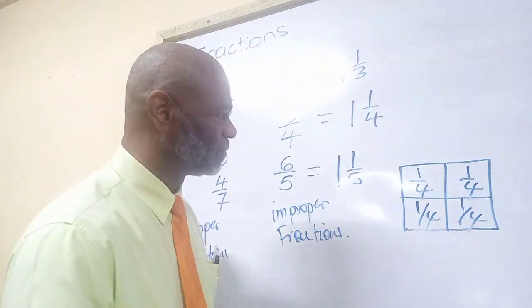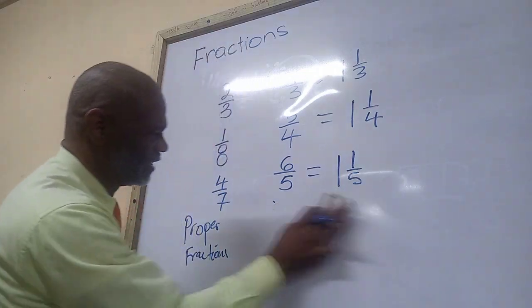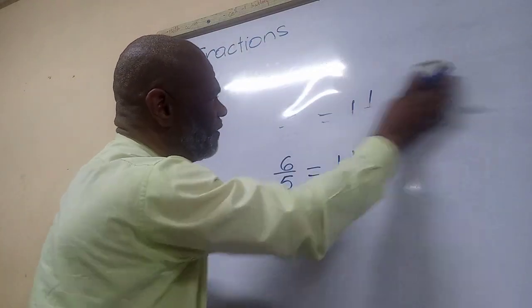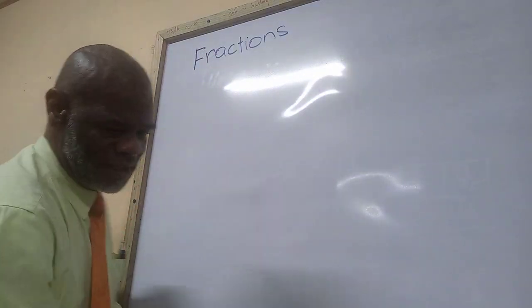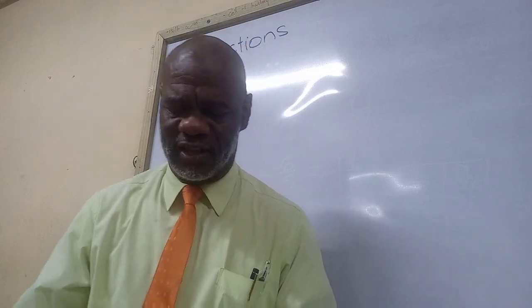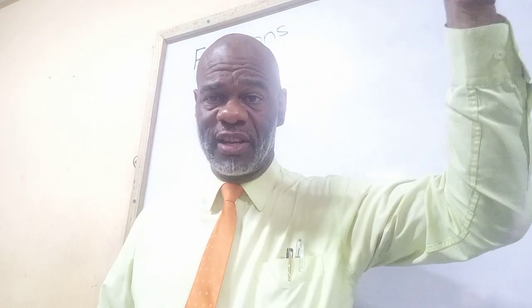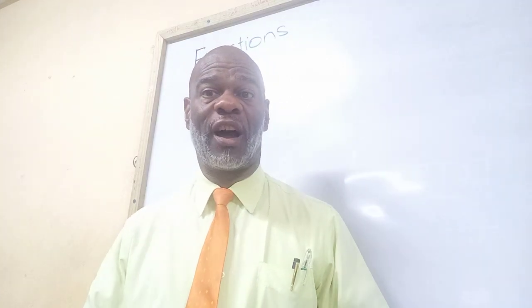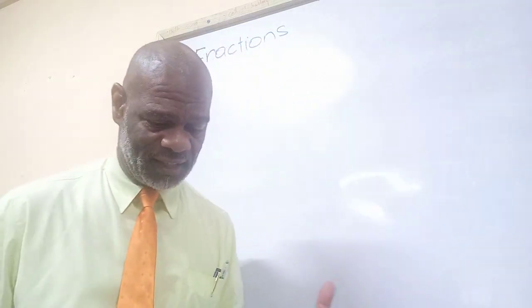Alright. So just remember those basic things. We have proper fractions and improper fractions. In an improper fraction, the numerator is bigger than the denominator, so it means you can get at least one whole out of it, and some left.